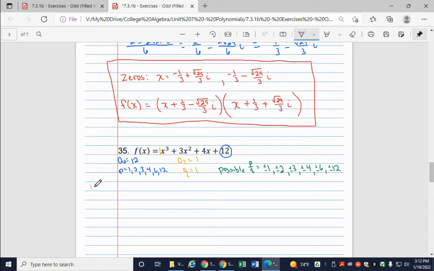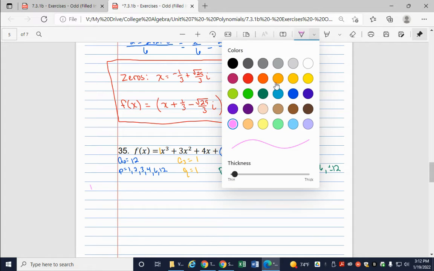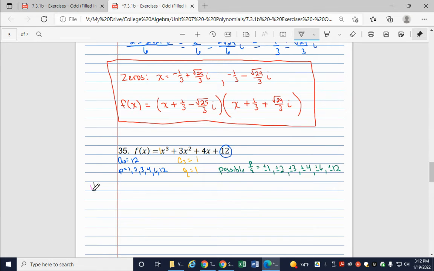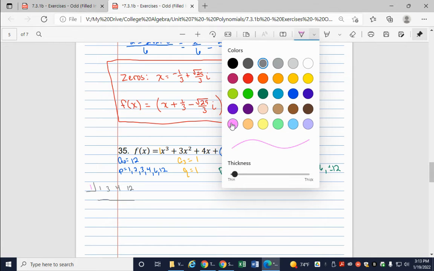So if I start at 1, since there's so many to choose from, I'm going to start way over here. My coefficients are 1, 3, 4, and 12. The 1 comes straight down.